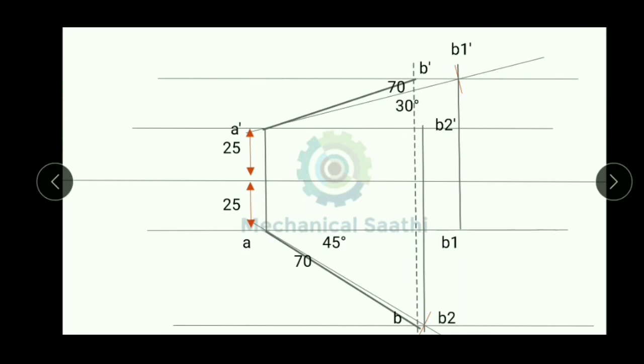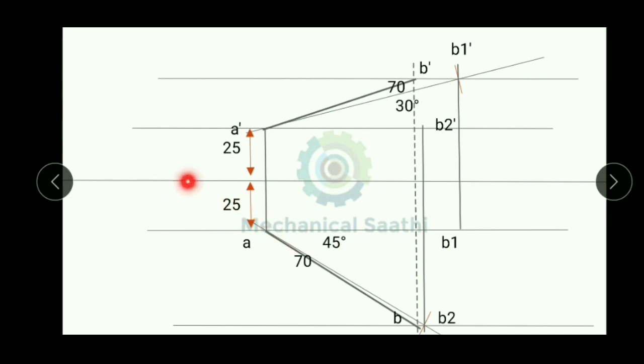Next, what we need to do is draw the traces over here, that is the horizontal trace and the vertical trace. For that, we need to extend the front view towards our reference line, so I draw a line like this. Again I have to extend this top view towards the reference line, like this also.